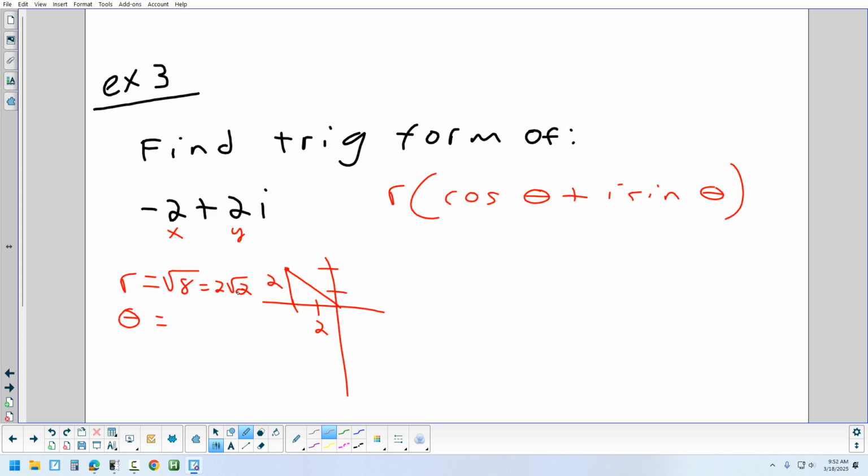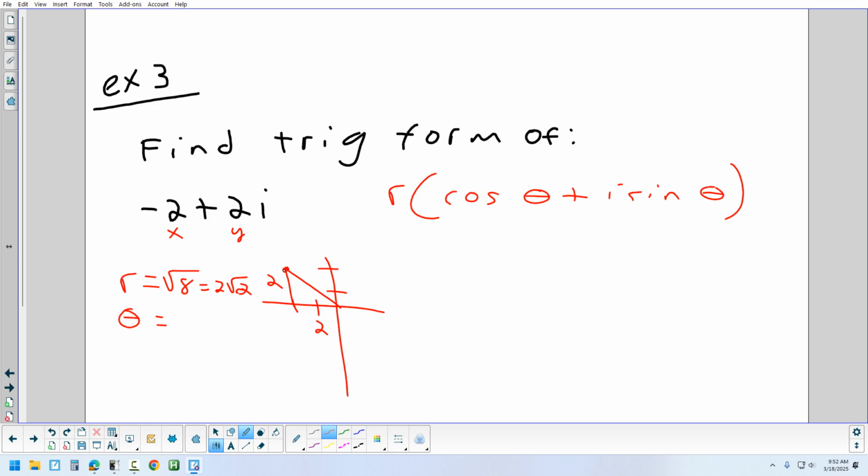Now my angle. First, what quadrant am I in? 1, 2, 3, or 4? Clover, what quadrant am I in? Right here, 2.